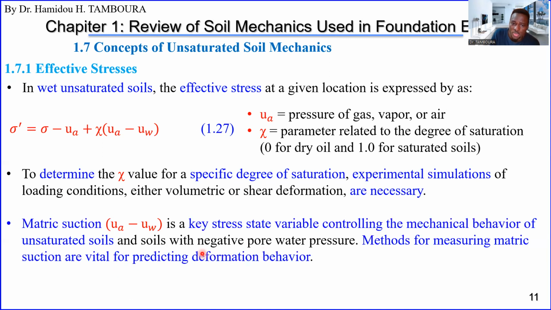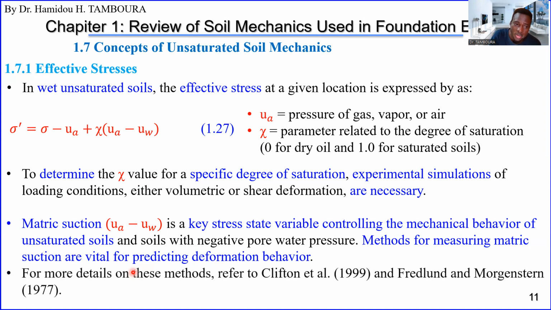Okay, the soil with negative pore water pressure, because in unsaturated soil the pore water pressure is negative. So the methods for measuring this matric suction are vital for predicting the deformation behavior of your soil. And these are some references. For more detail, you can check these references. Okay, they are very famous.